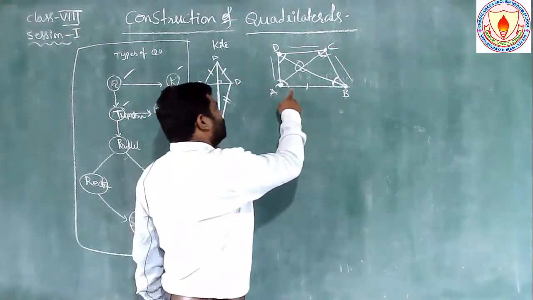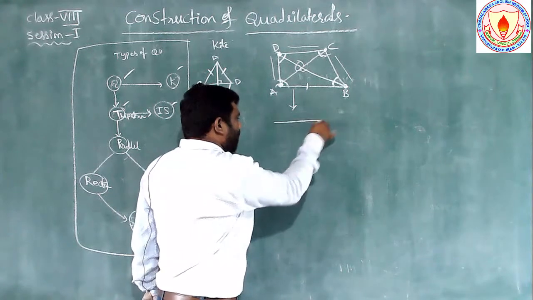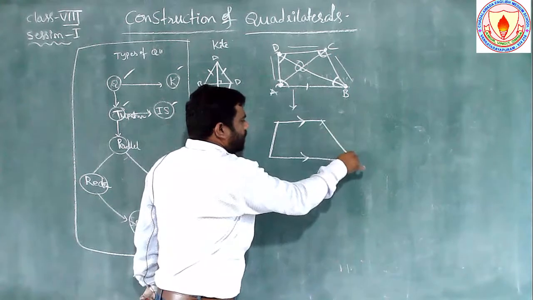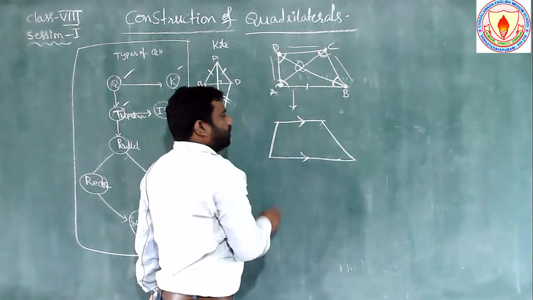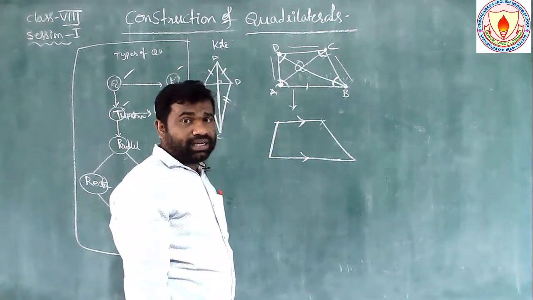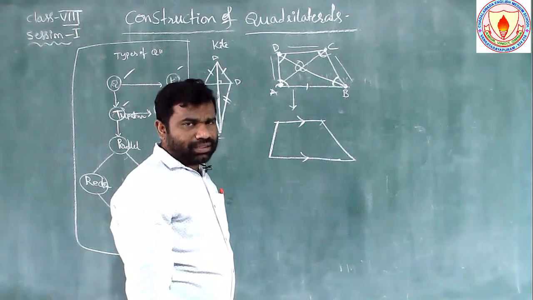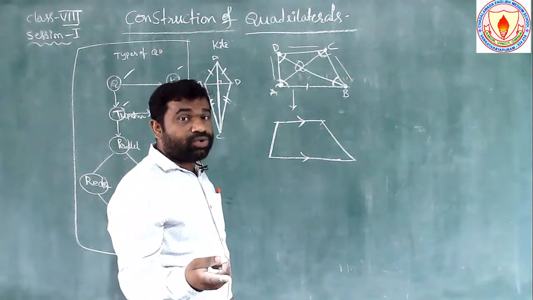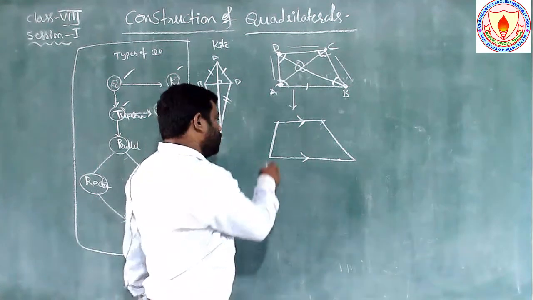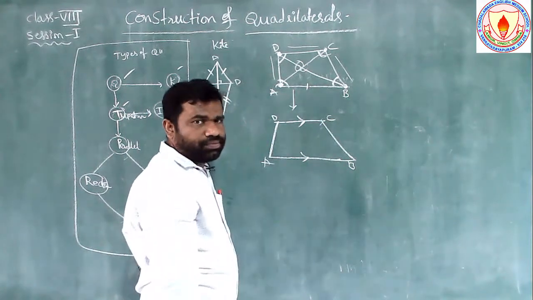Coming to trapezium. In a quadrilateral, one pair of opposite sides are parallel, then the quadrilateral is said to be a trapezium. See, ABCD is one trapezium.